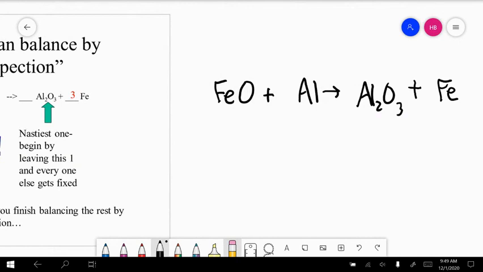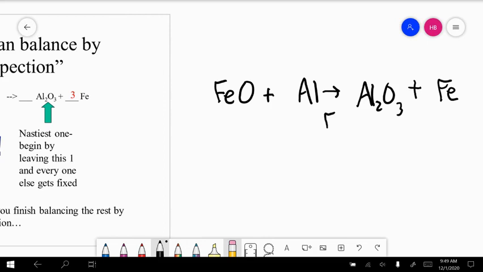So when you get better at this, you're going to look at this and be like, I can do this without even doing the work of a T-chart, because I need to start with the trickiest one, which is aluminum oxide, and just put a 2, a 3, and a 3 here. So you can usually do this by inspection.